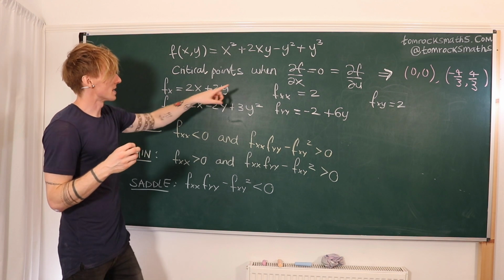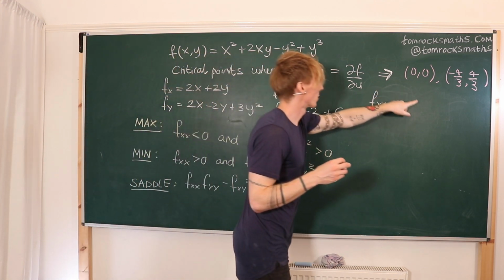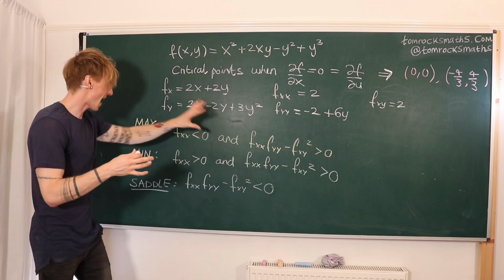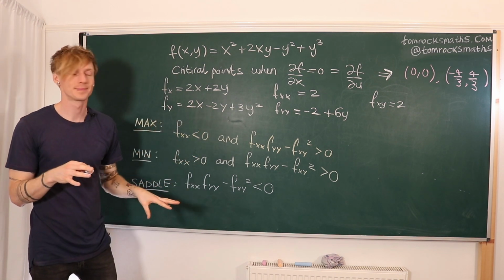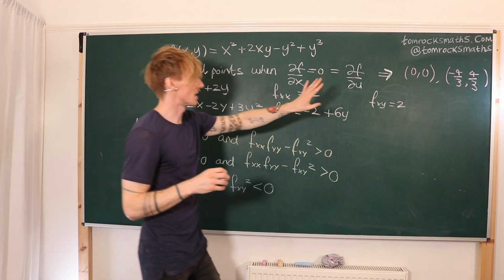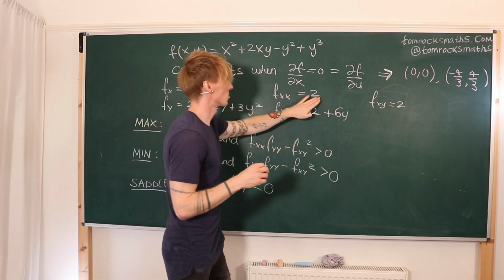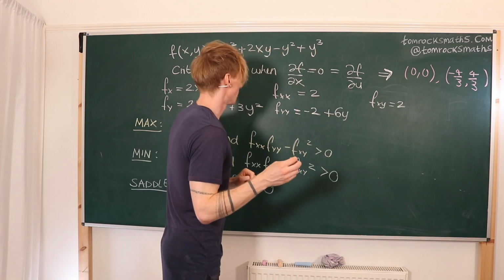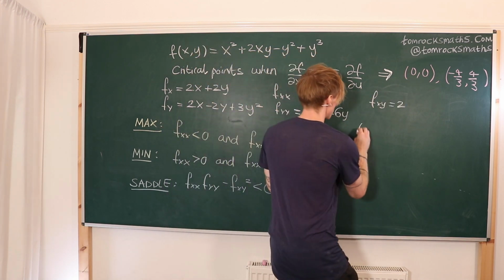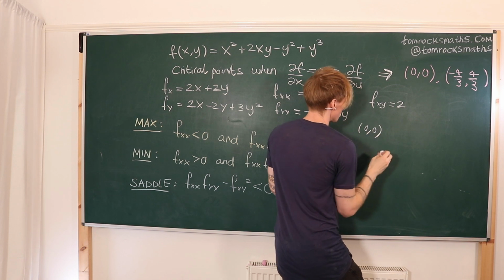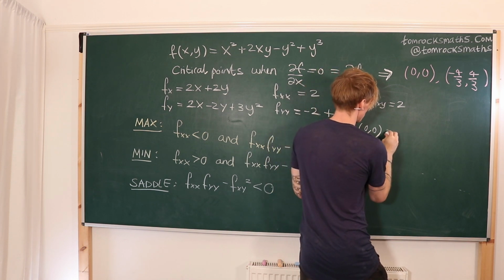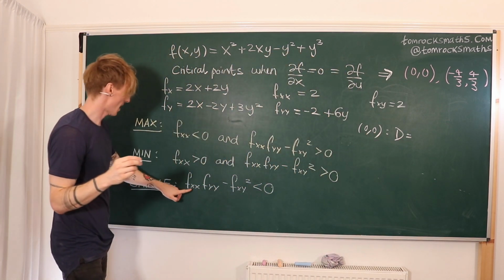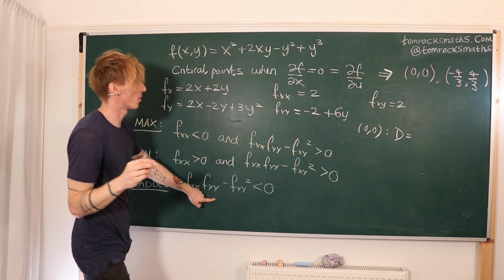Now, we need to evaluate these three second order derivatives at the critical point. So fxy is always 2, fxx is always 2. Now at 0, 0, what are we going to get? The discriminant, let's call it D, is going to be equal to fxx times fyy.